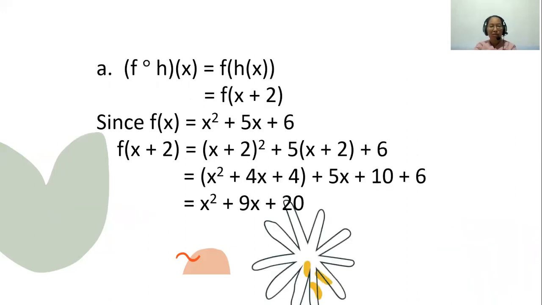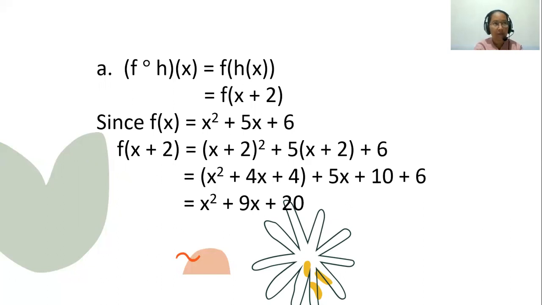So for the composite function of f of h of x, we already know that when we say composition of a function, it is a function within a function. Okay? So you need to integrate the function h of x into the function f of x.